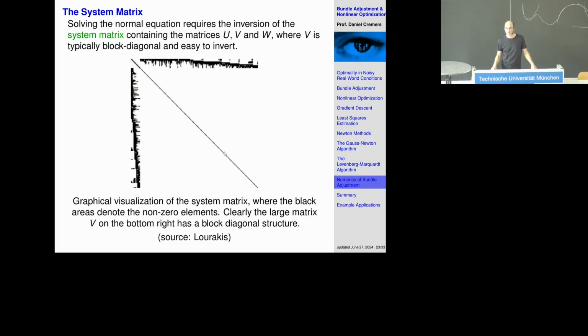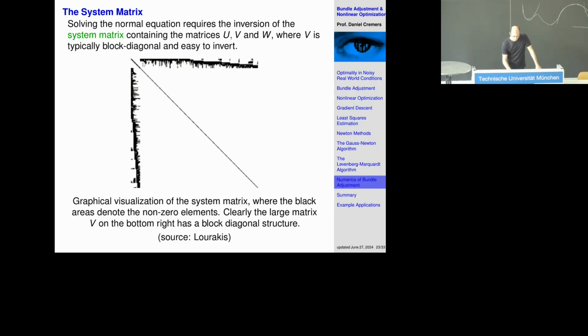So you have to really look into the details and see, isn't there something in the structure of these matrices that I can exploit? And indeed, it turns out there is, since this big matrix V here is essentially diagonal, it's very easy to invert. Diagonal matrices or block diagonal matrices that just have elements around the main diagonal are very fast to invert.